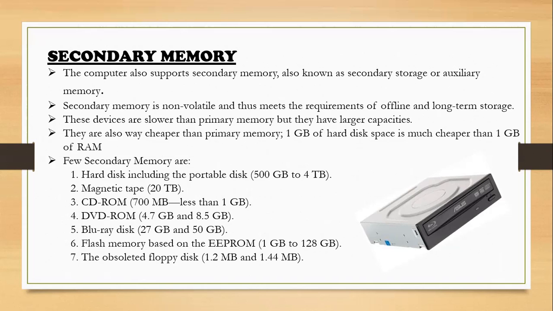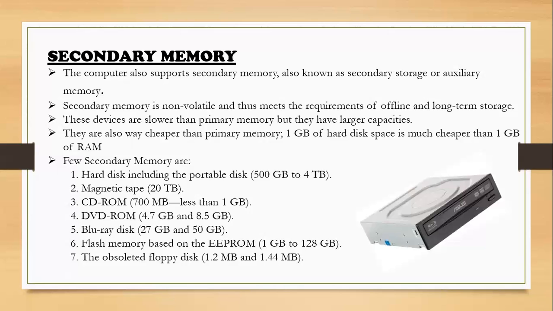A few of the secondary memory devices are, look at the hard disk including the portable disk, 500 GB to 4 terabyte. If you have purchased new machines, it's normally in between these sizes, 500 GB to 4 TB. GB means gigabytes. TB means terabyte. And we have seen the sizes in the previous classes.